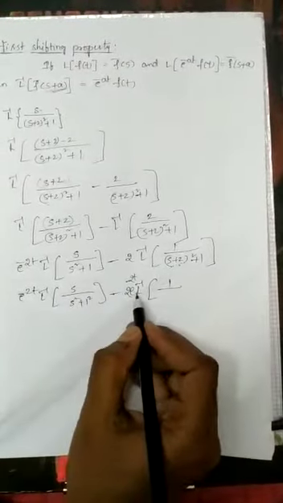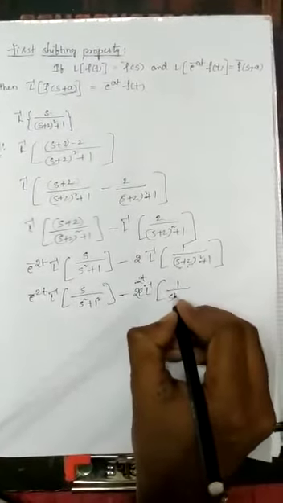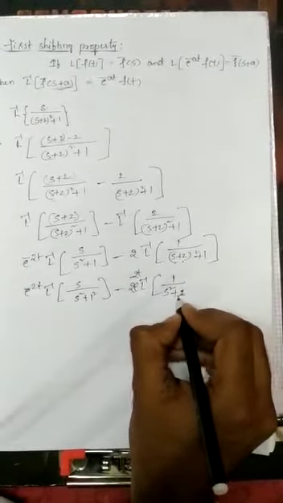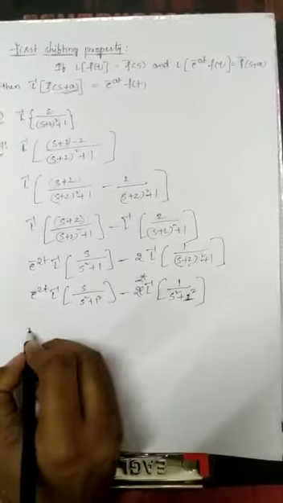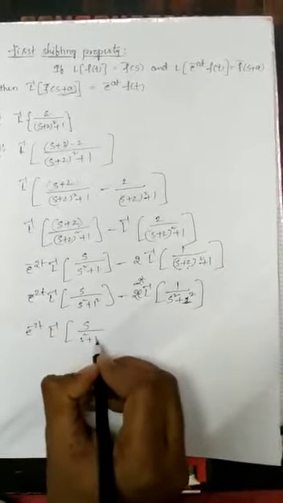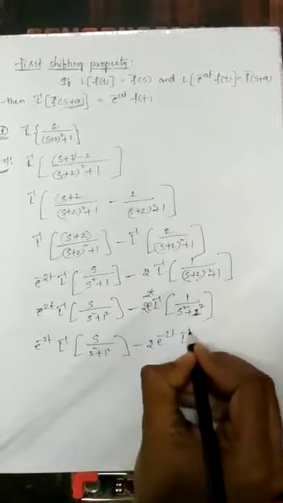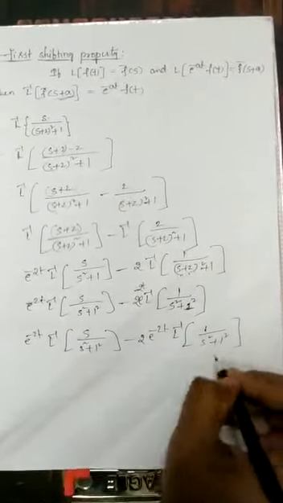So 2 into e power of minus 2t, Laplace inverse of 1 by, what you will get here, s square plus 1. So we can write this one as 1 square. So e power of minus 2t into Laplace inverse of s by s square plus a square, minus 2 into e power of minus 2t into Laplace inverse of 1 by s square plus a square.